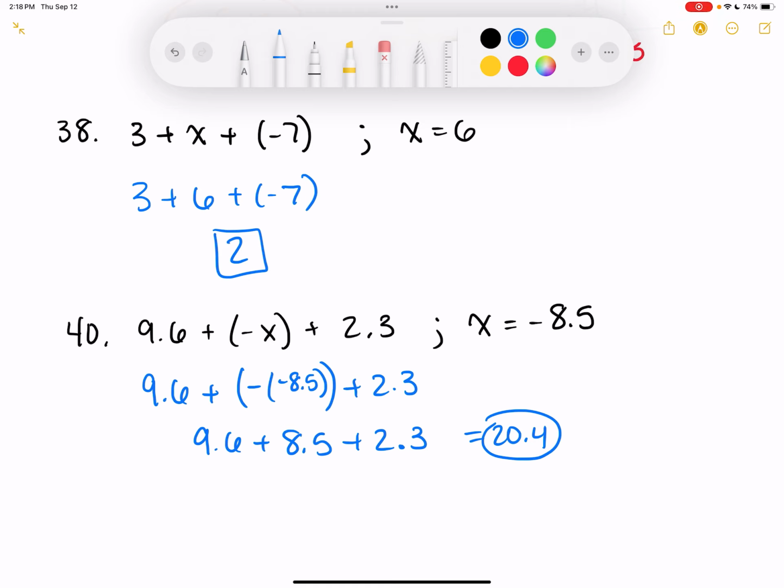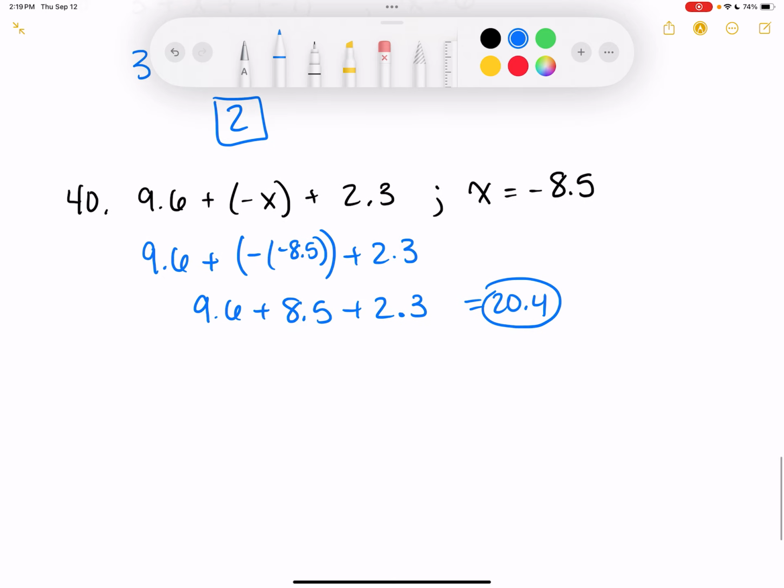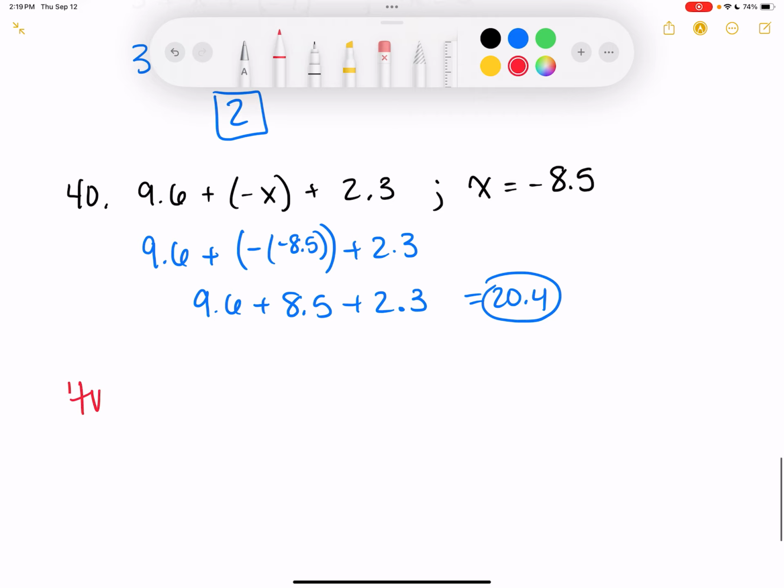All right, that looks like everything for this section that we need. So we're gonna do three through 21, every other odd. Do y'all know what that means?